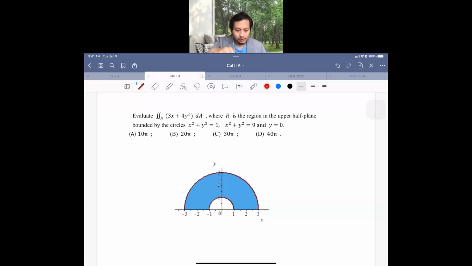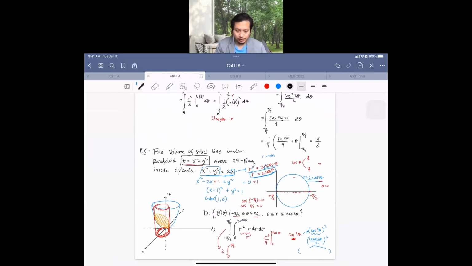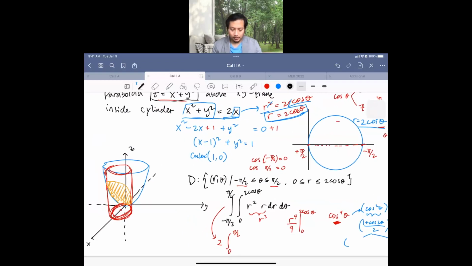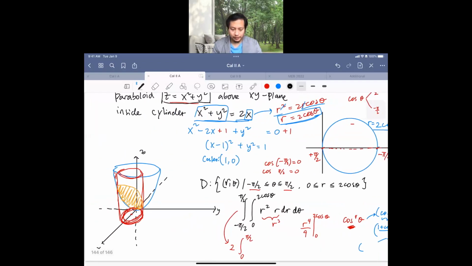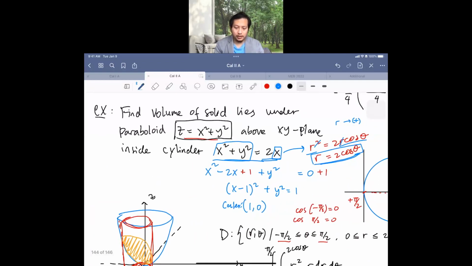Perhaps let me go back to the previous discussion before we solve today's last questions. We have this question: find the volume of the solid that lies under this paraboloid, above the xy plane, and inside the cylinder x squared plus y squared equal to x.